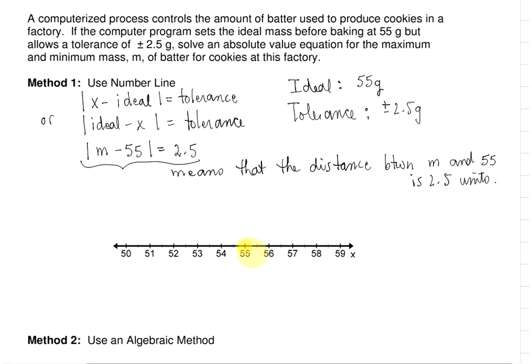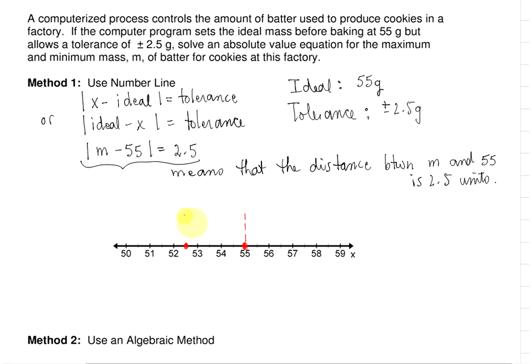Okay? So what we want to do then is to start by graphing our ideal on the graph. So at 55, and I'm just going to put a line through that. And remember, our distance between m and 55 is going to be 2.5 units. So that means going to the left, I'm going to count off 2.5 units. Here's 1, 2, and 2.5 is right here.